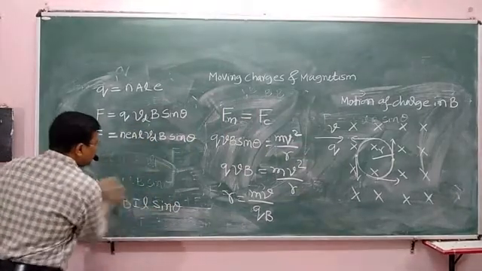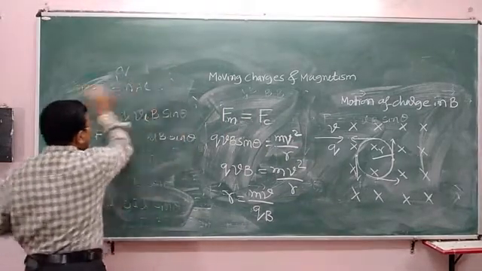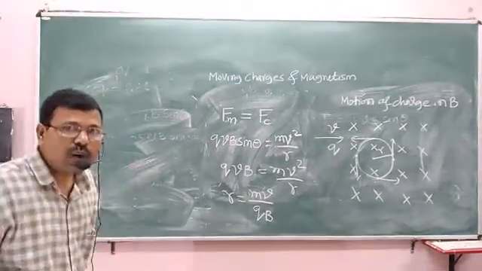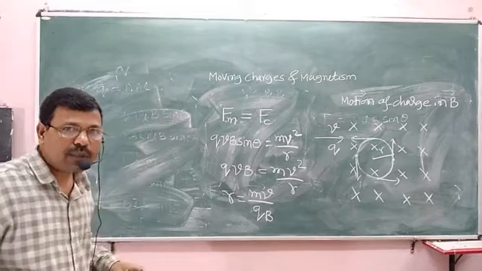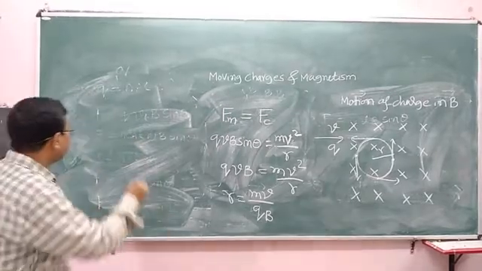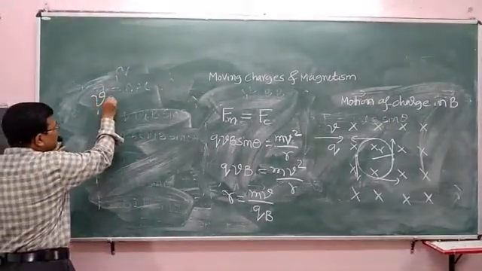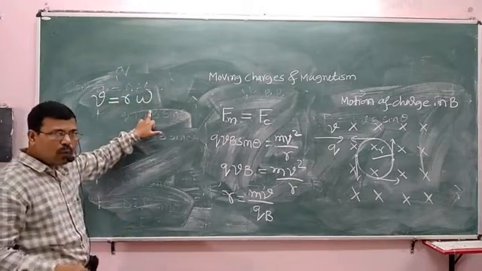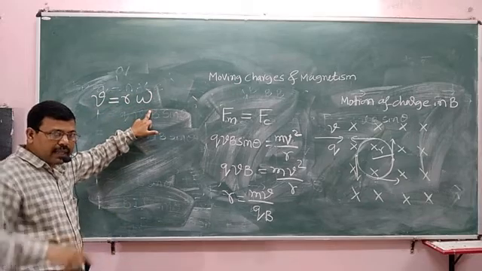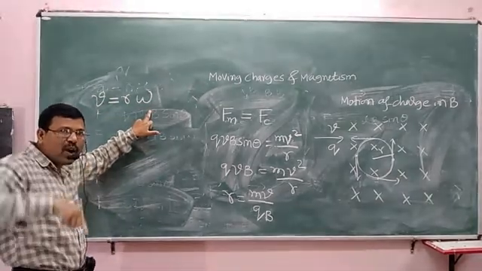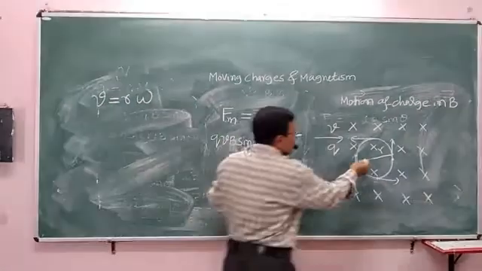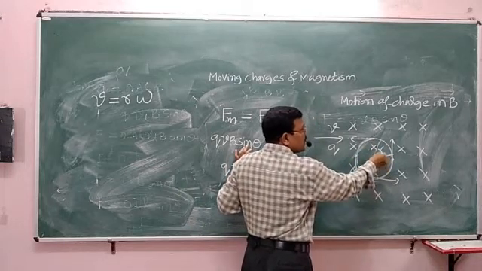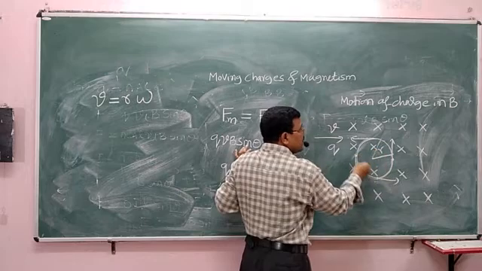Then, what is its angular velocity? How do we calculate angular velocity? As we know the relation between linear velocity and angular velocity, v is equal to r omega. Angular velocity is the rate of change of angular displacement. The angle theta keeps on changing: 0 degrees, 30, 45, 90.